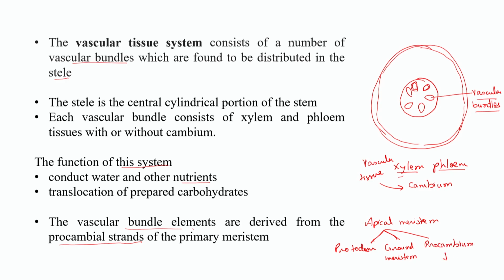The procambium will give rise to vascular bundles. So in vascular bundles you will have xylem, phloem, and then cambium if present.